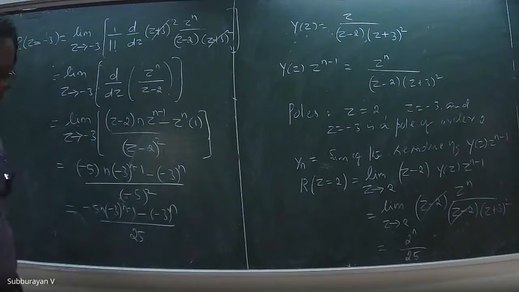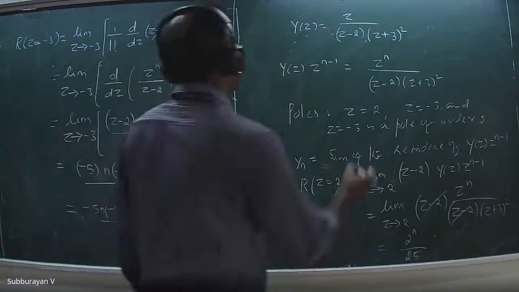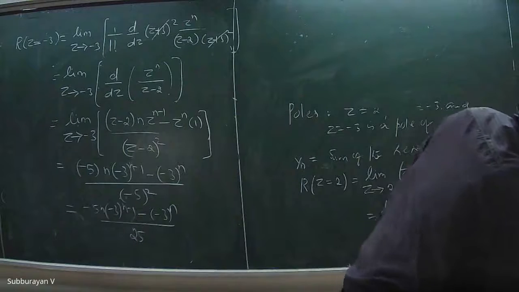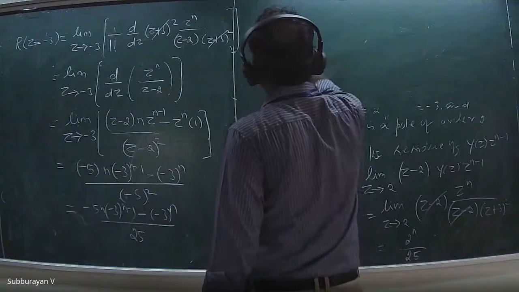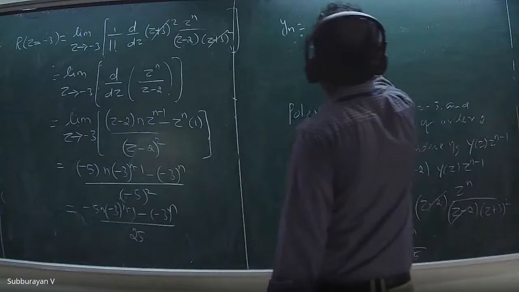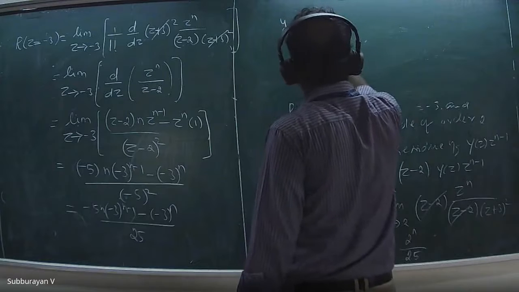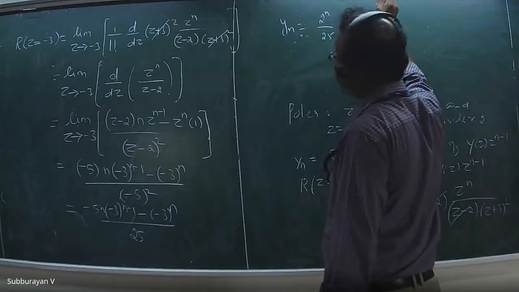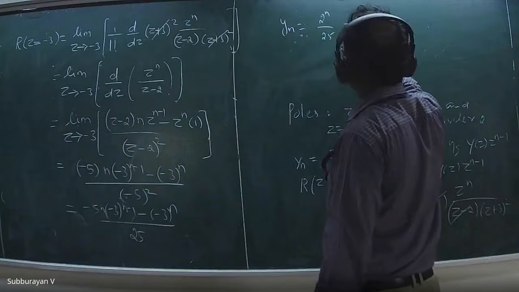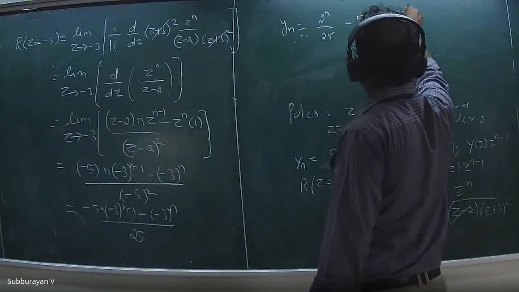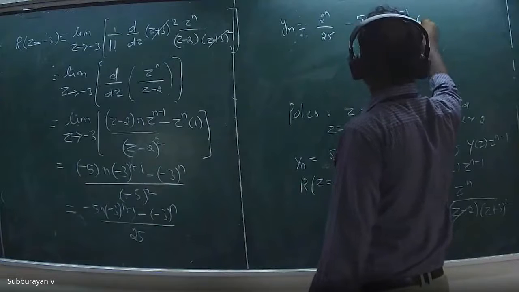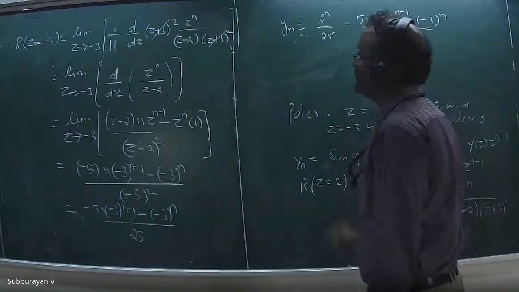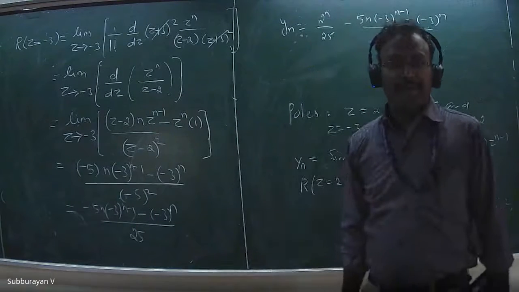Therefore, your yn is going to be 2 power n divided by 25, and then minus 5 n into minus 3 power n minus 1 minus of minus 3 power n divided by 25. So this is the required yn.